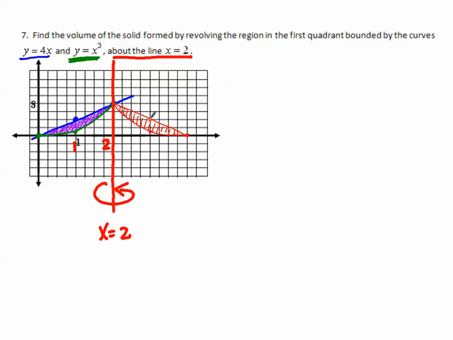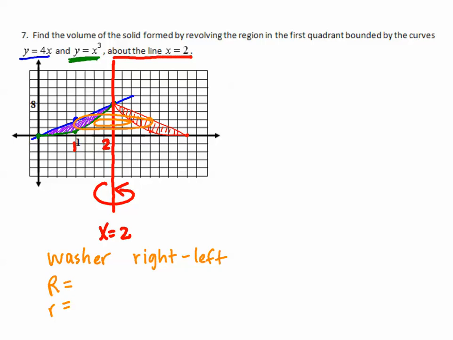So I slice, and I have this circular slice. But I have space, so I have to make a circle for that space, which means I have a washer again. But this time, because my washer is going right and left, I do right minus left when I find big R and little r.